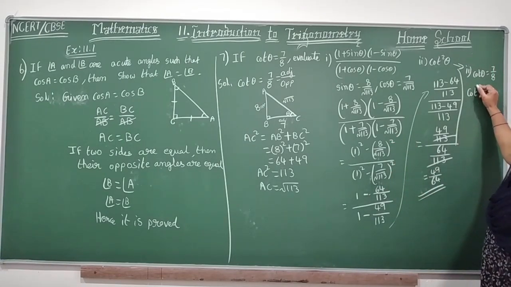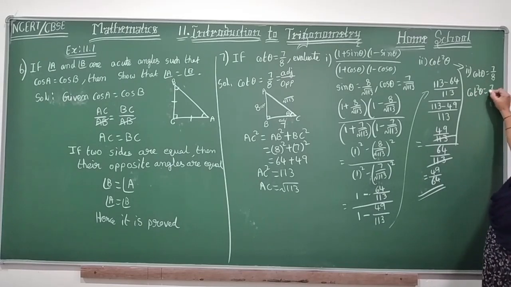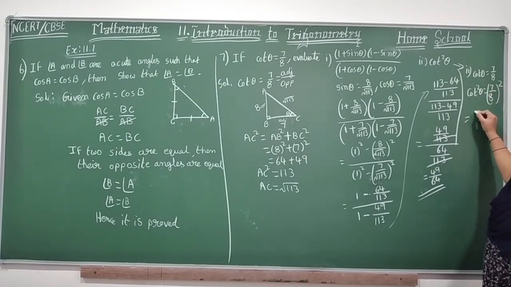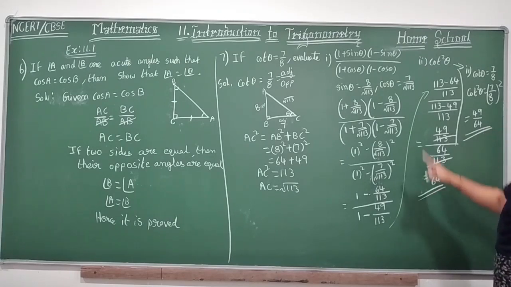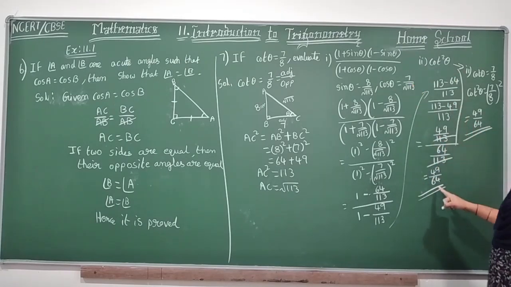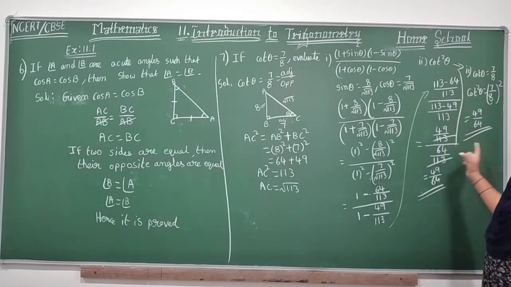They asked you cot square theta. That will be 7 by 8 whole square. That will be 7 sevens are 49, 8 8s are 64. Look here children, for both the sub questions we get 49 by 64.